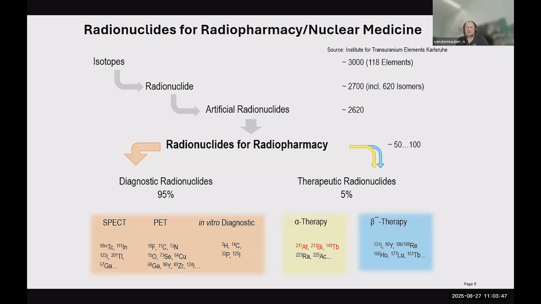We have the likes of astatine-211 that is hitting the headlines, of course, actinium-225 and lead-212 and terbium-161. So it's very exciting to see these new nuclides come along and hit the market, and to see how we can use this to improve patient quality of life and hopefully cure the cancer in question.